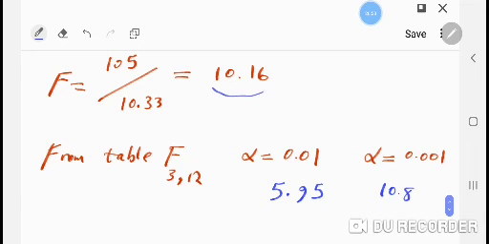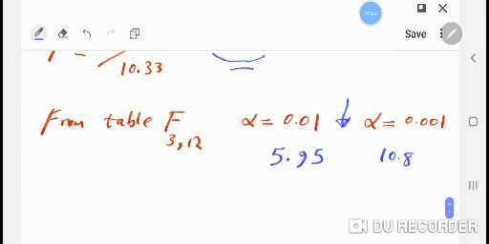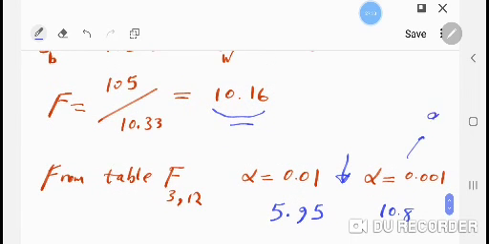This number of F is between these two confidence limits. Therefore, it is over 99% and this is under 99.9%.